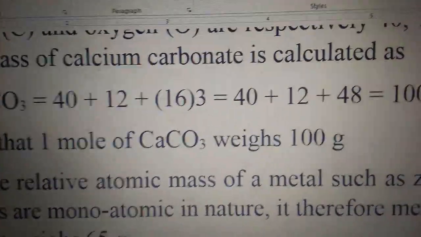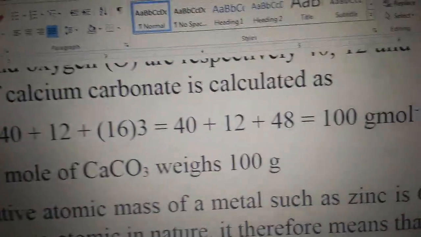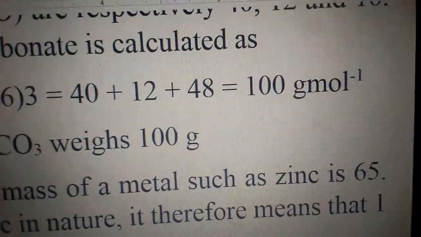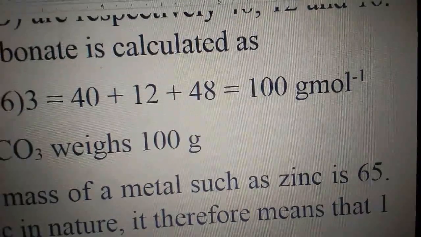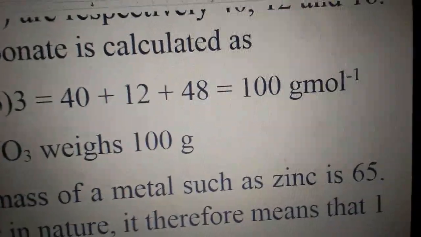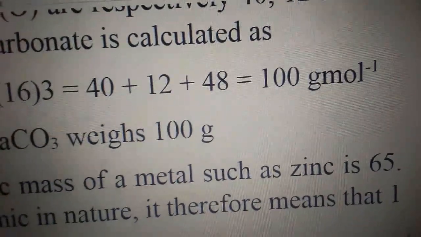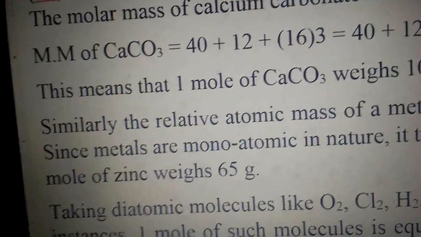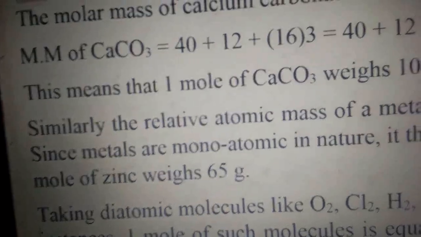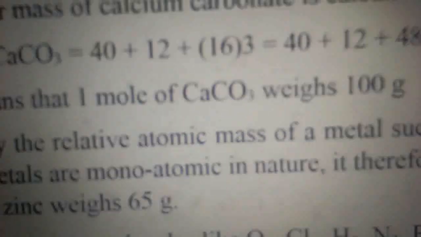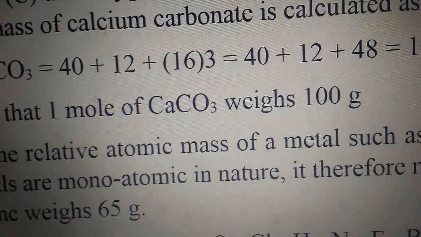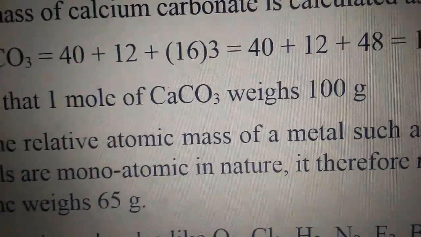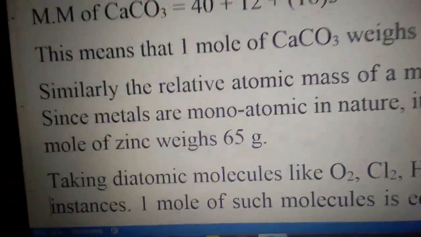We now have 40 plus 12 plus 48, giving us 100 grams per mole. So the unit of molar mass is gram per mole, meaning that 1 mole of calcium carbonate weighs 100 grams. That's why it's called molar mass. So the molar mass is the weight of 1 mole of a substance.